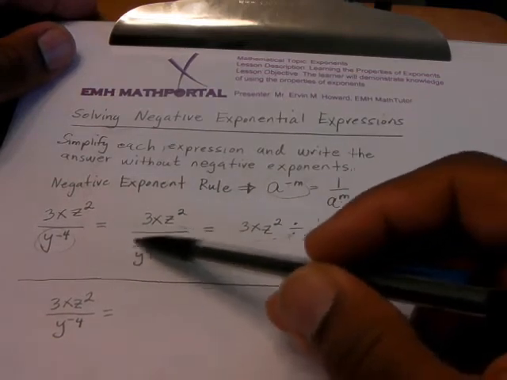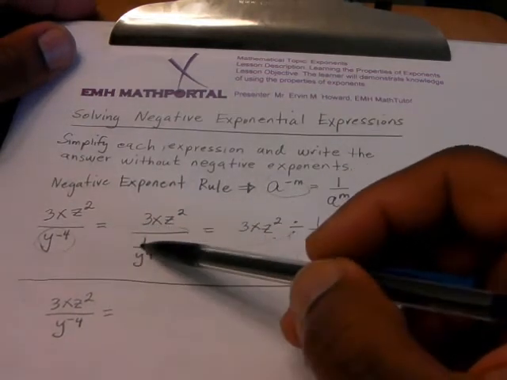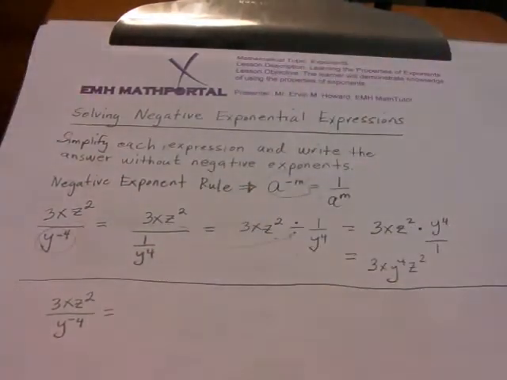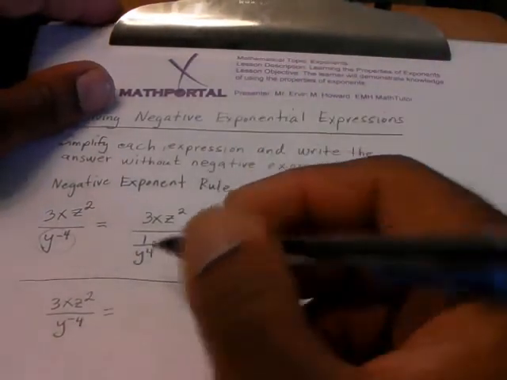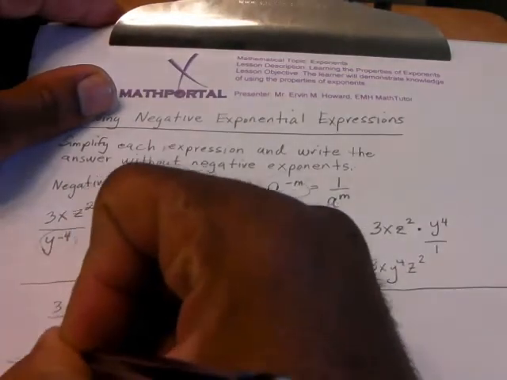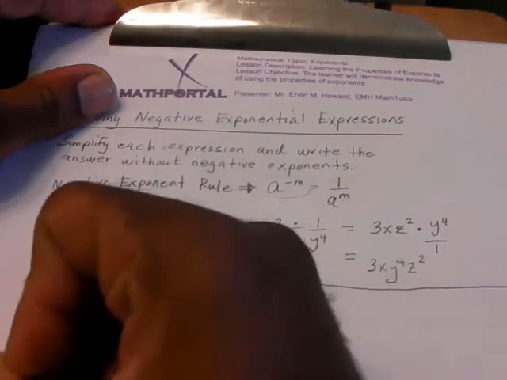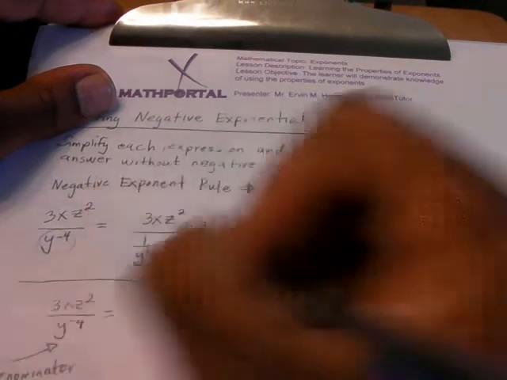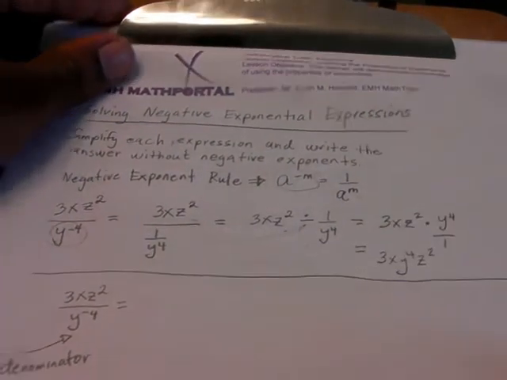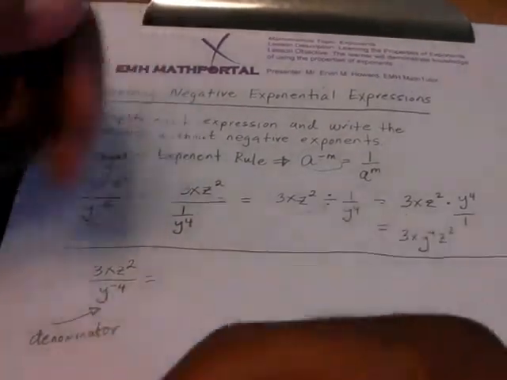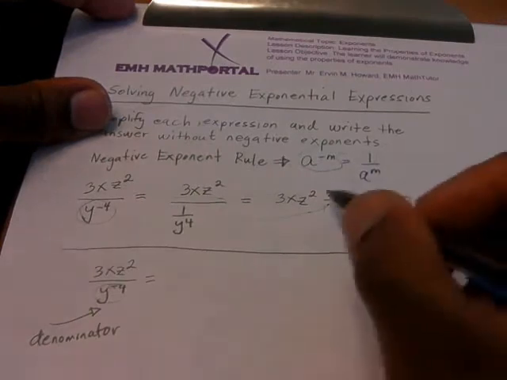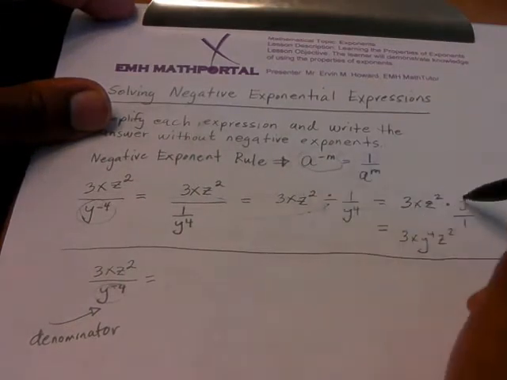If we recognize that we have raised powers in the denominator, we can flip them, because it is the same thing as multiplying by the reciprocal.